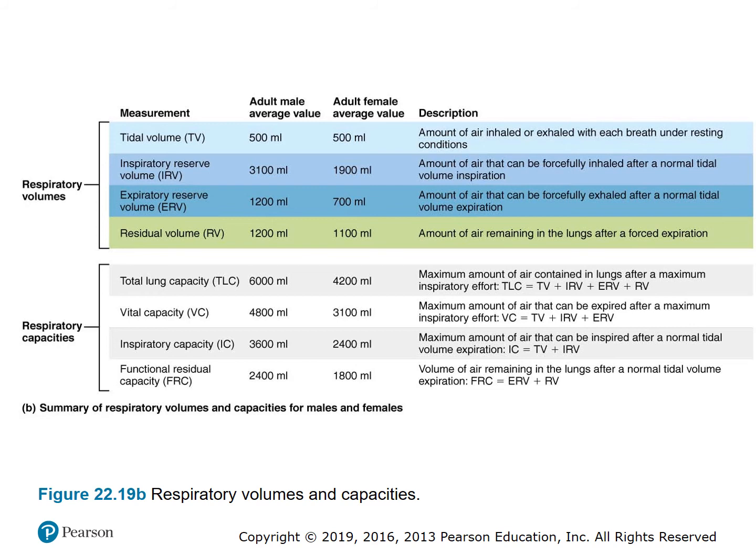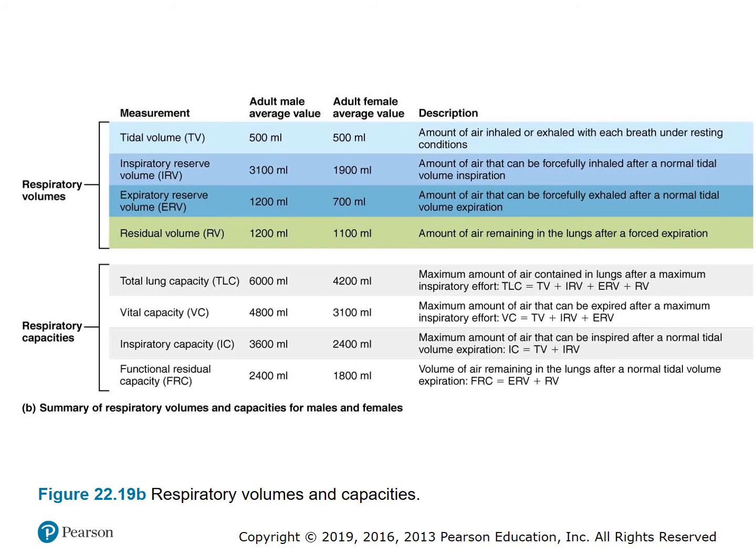The IRV, or inspiratory reserve volume, is the amount of air that can be forcefully inhaled after a normal tidal volume inspiration. Expiratory reserve volume, or ERV, is the amount of air that can be forcefully exhaled after a normal tidal volume expiration. And the residual volume is the amount of air remaining in the lungs after forced expiration.